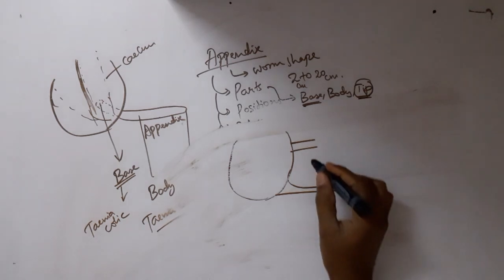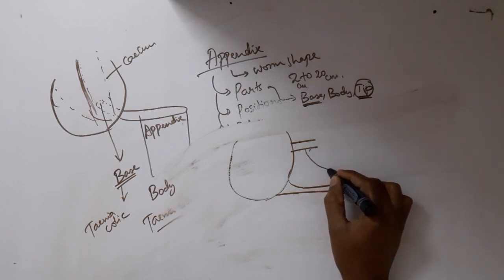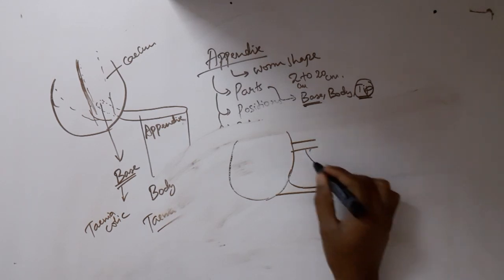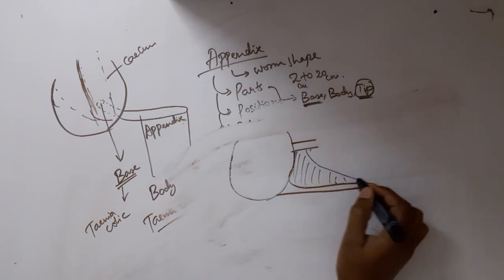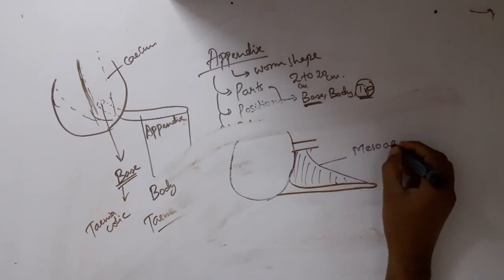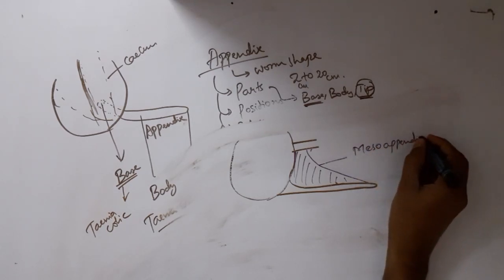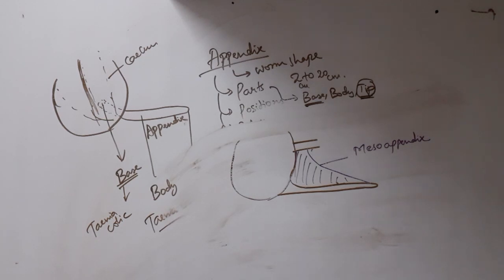There will be a triangular fold of mesentery in relation with this appendix. This we call the mesoappendix, which is nothing but a fold of the peritoneum.